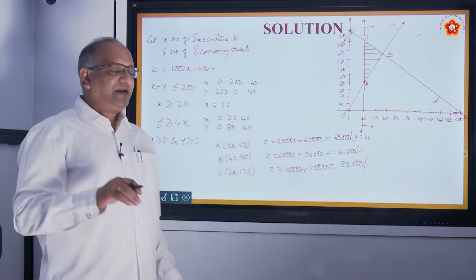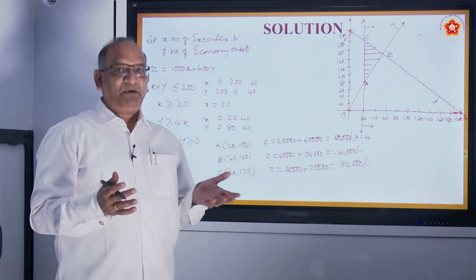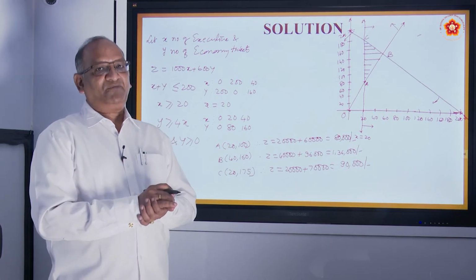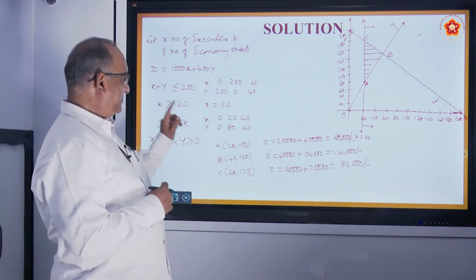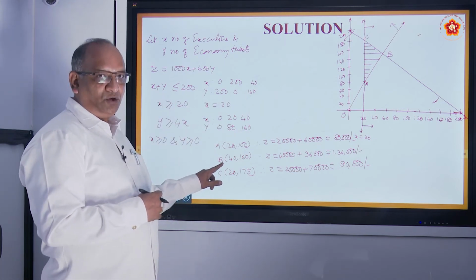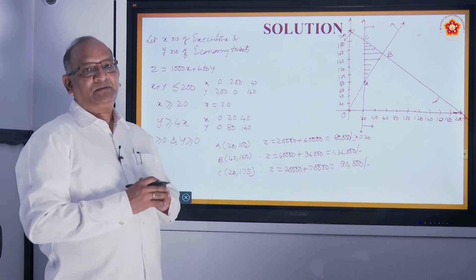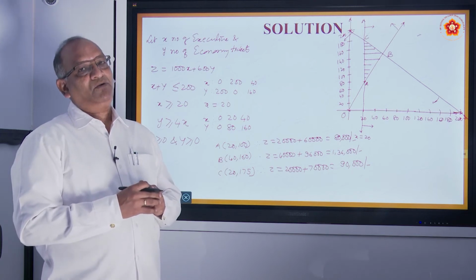In which case are we getting the maximum profit? The maximum profit is obtained when the number of executive tickets sold is 40 and economy tickets sold is 160.